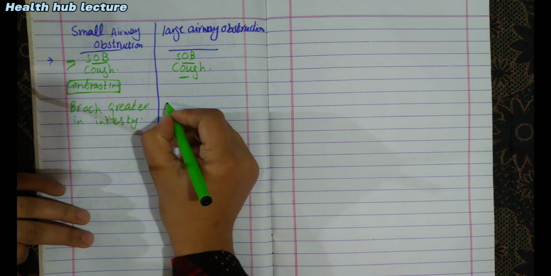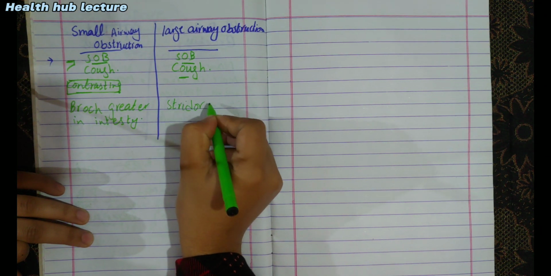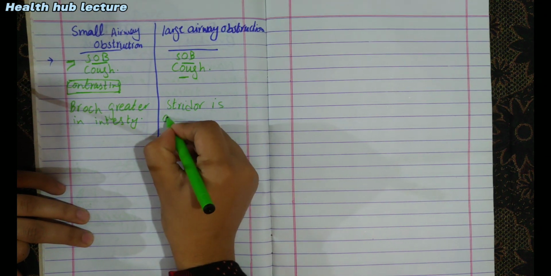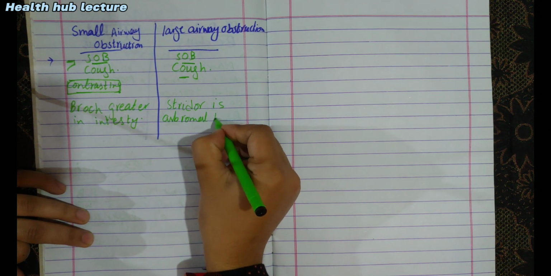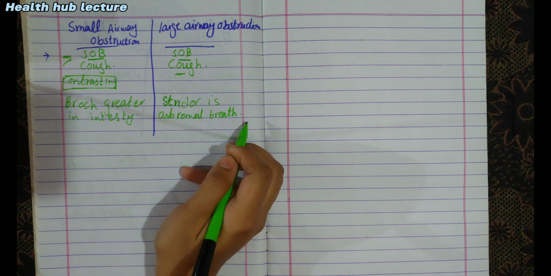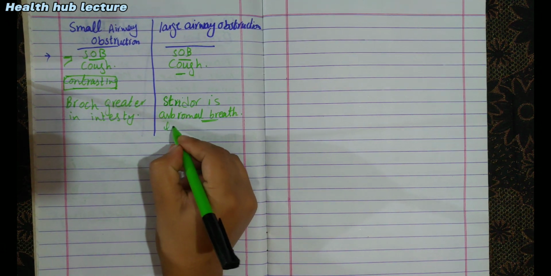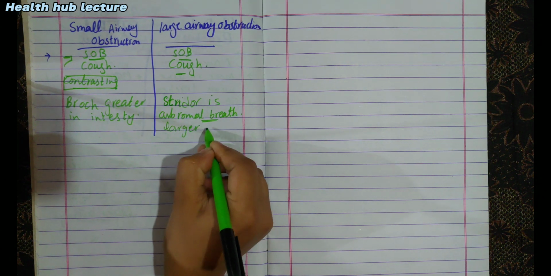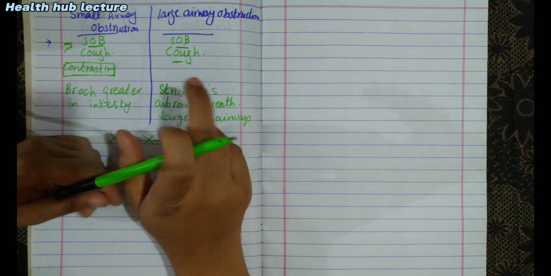And in this there is present stridor, an abnormal breath sound. I hope you can understand. Stridor is the abnormal breath sound which is present in the larger obstruction of the airways. I hope you will understand very well.